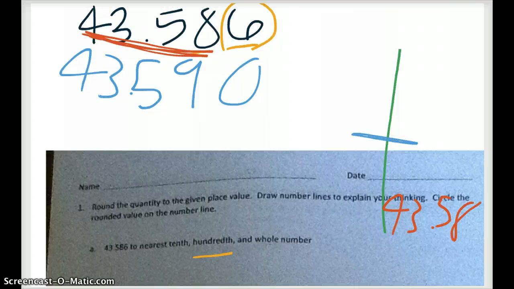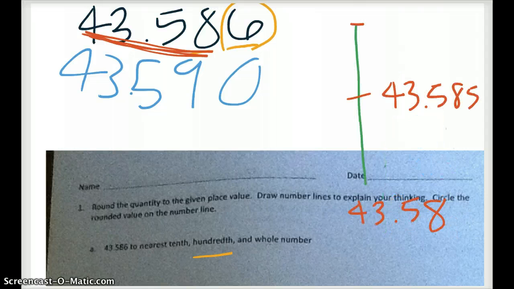So midpoint is going to be 43.585. Put that there. All right, and what is going to be our maximum number that this number can round to? Maximum number is going to be 43.590.